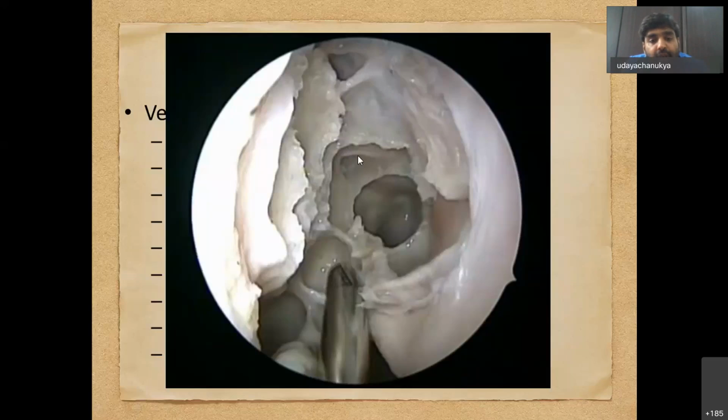Posterior to the posterior ethmoid artery, this is the sphenoid sinus, and this is the anterior face of the sphenoid. There is not much gap between these two, and this is the start of the planum sphenoidale. Beneath this, the planum continues till here. Once we see the sella, the area between the planum and the sella is the tuberculum sellae, and somewhere below it is the clivus.